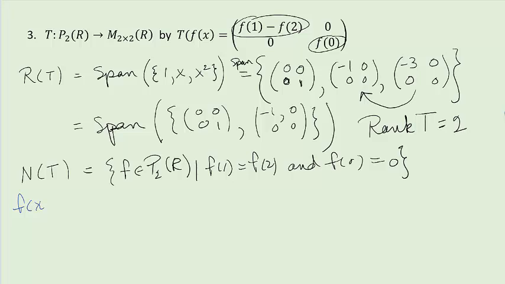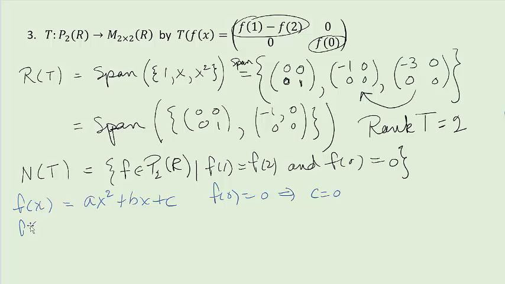An arbitrary polynomial in P2 is equal to ax squared plus bx plus c. We want f of 0 to be equal to 0. So we know f of 0 equals 0 implies that c must be 0.